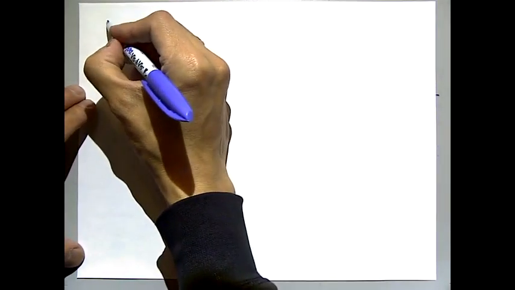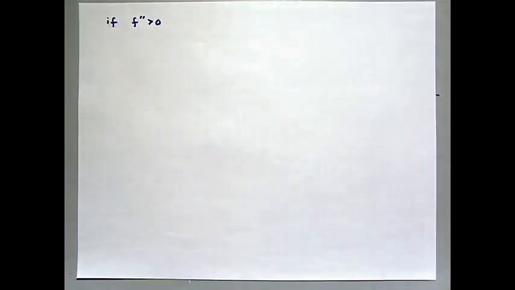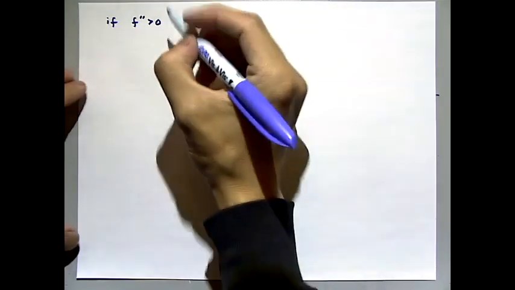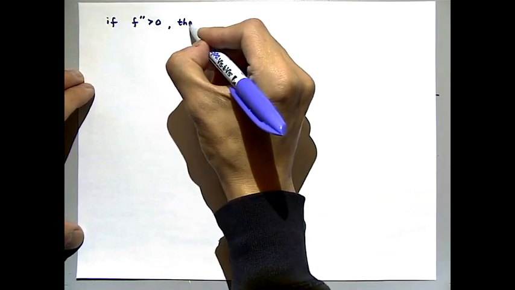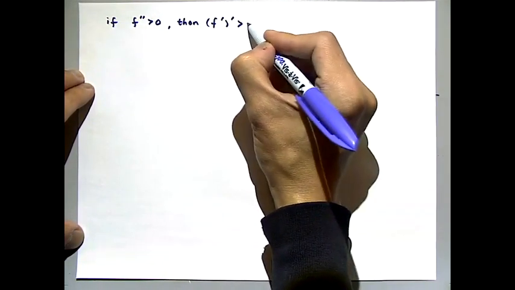Now we're going to look at the second derivative in a little bit more detail. If f double prime is positive, we know it's concave upward. It also means that f prime prime is positive.